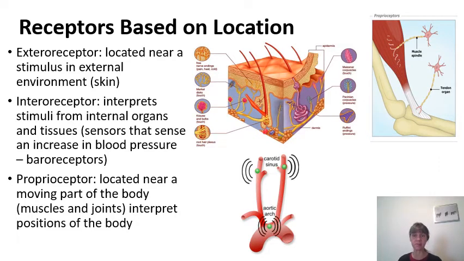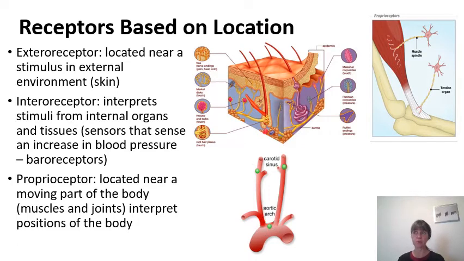Interoreceptors or interoceptors can give us information from our internal organs and tissues, and they have sensors that will sense things like a change in blood pressure, which we know are baroreceptors, or a change in chemical concentration that we see in chemoreceptors.